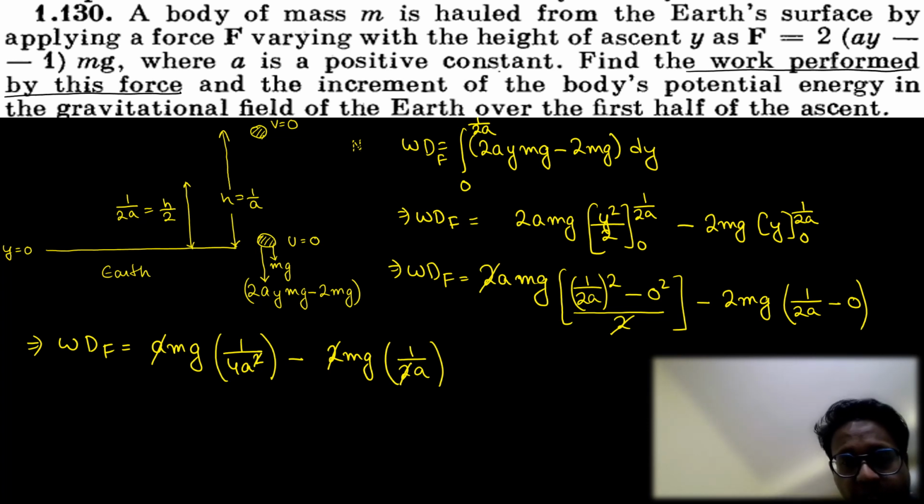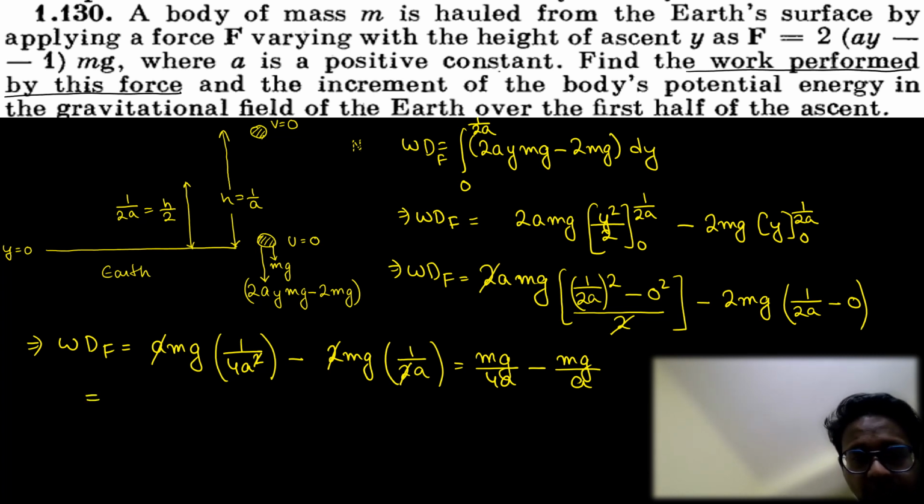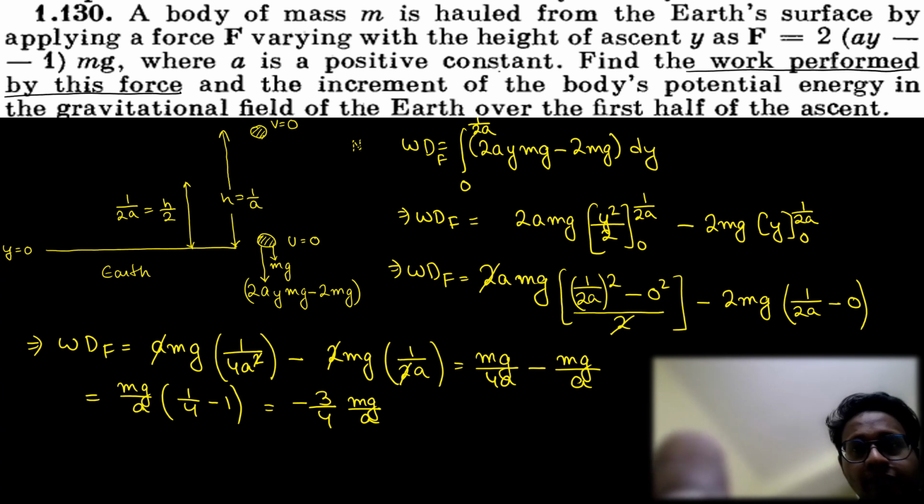So it is mg by 4a minus mg by a. If I take mg by a common, it is 1 by 4 minus 1, which equals minus 3 by 4 mg by a.